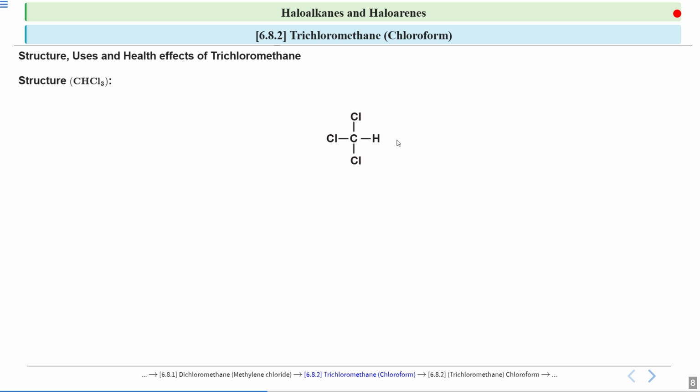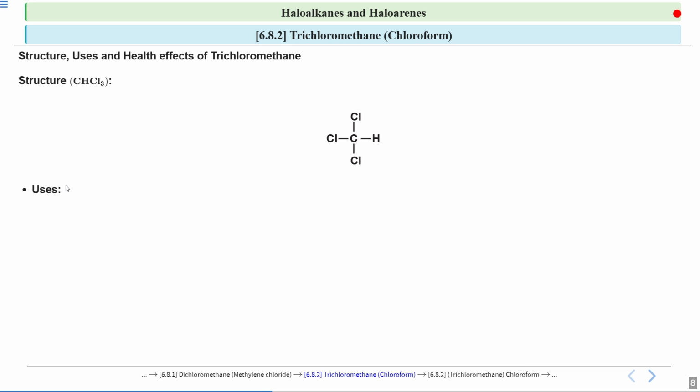We have a single carbon, and on this carbon we have one hydrogen, and the other three valencies are occupied by the three chlorine atoms. So the structure is CHCl3 for trichloromethane.